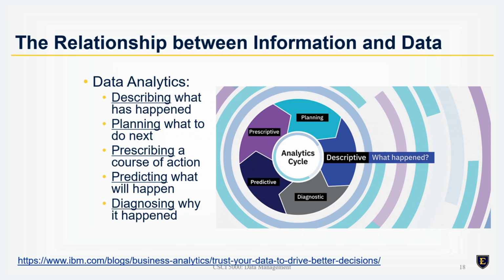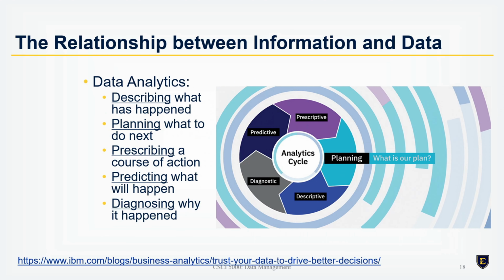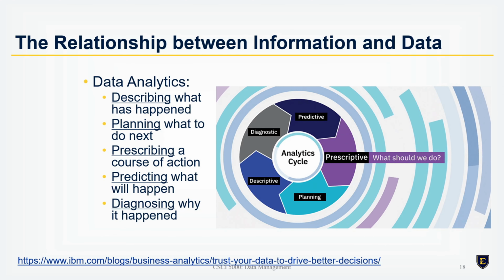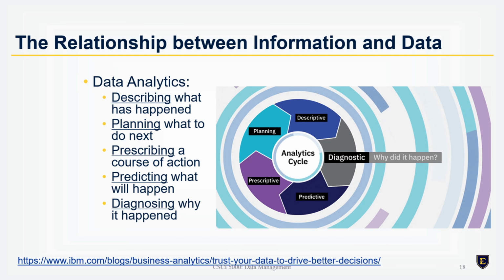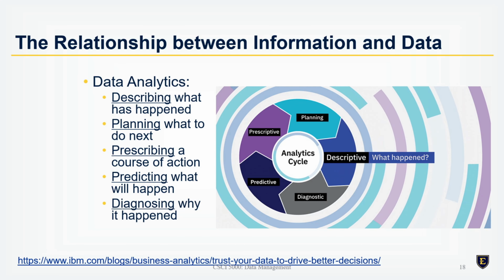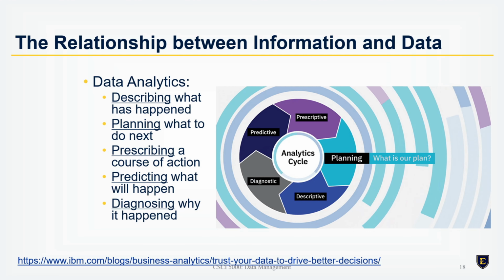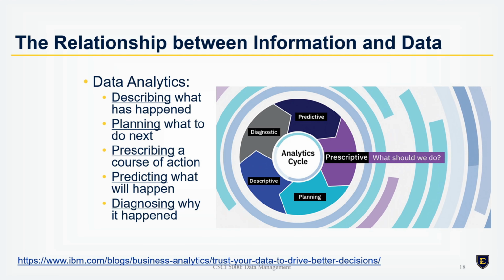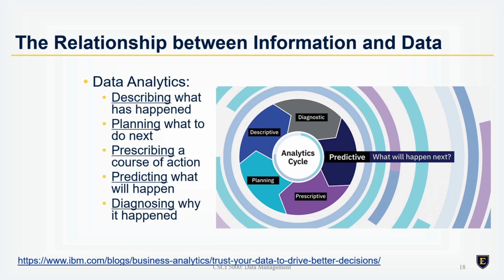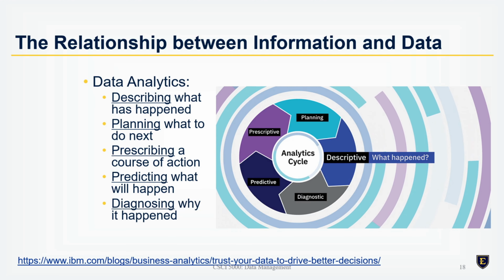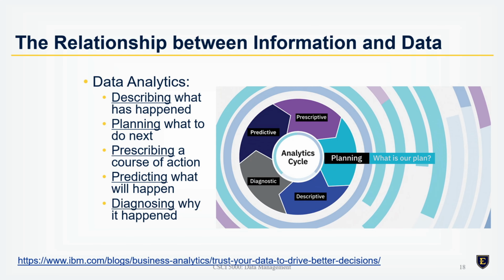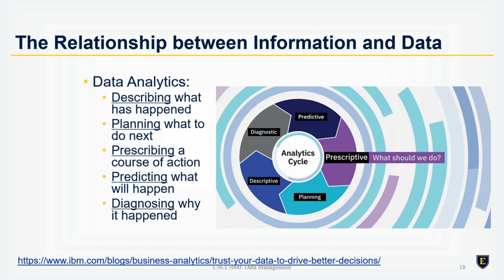So what is data analytics? And here's a diagram that shows this. We see in the circle there, it starts with descriptive, diagnostic, planning, prescriptive, and predictive. So let's look at each of these. Descriptive says we can use data to find out what actually has happened.